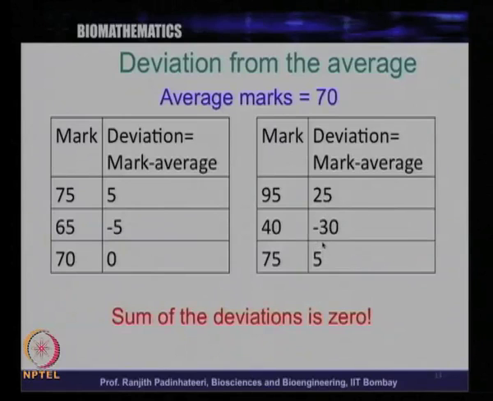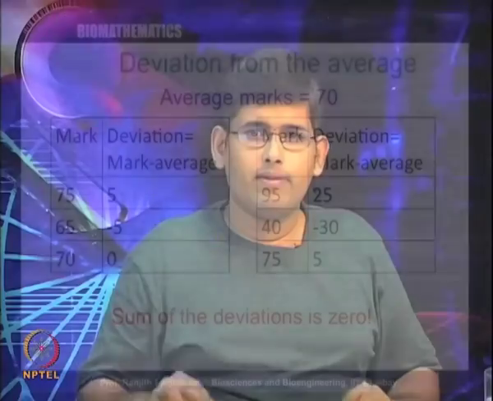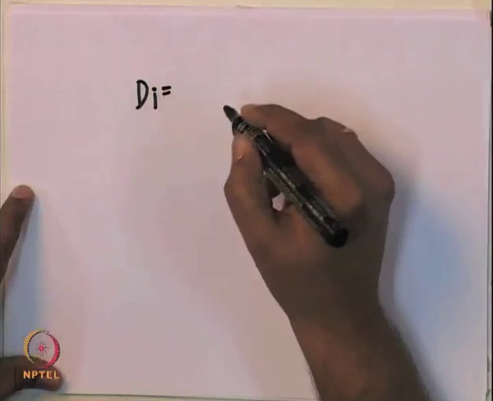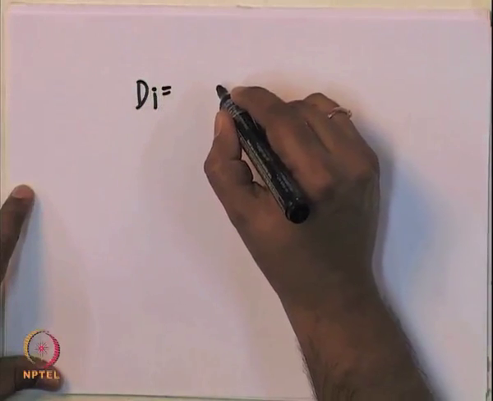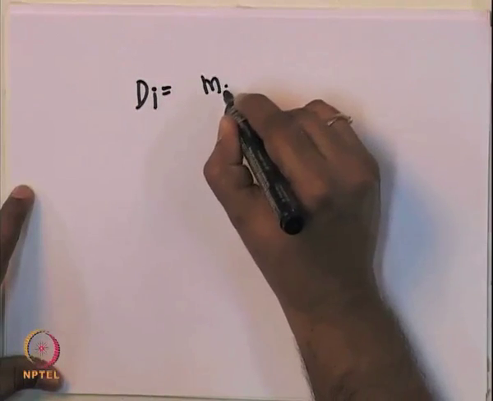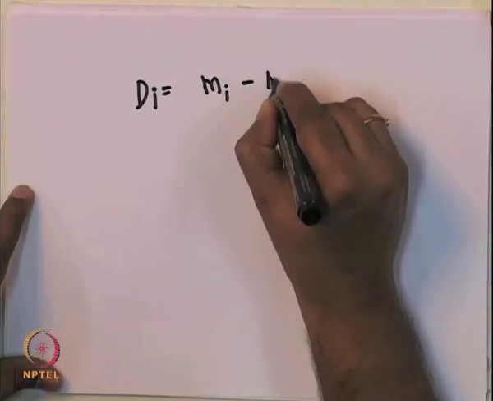So, when we define deviation as the deviation from the average, let us define deviation d_i as the mark we got in the ith subject minus m average.